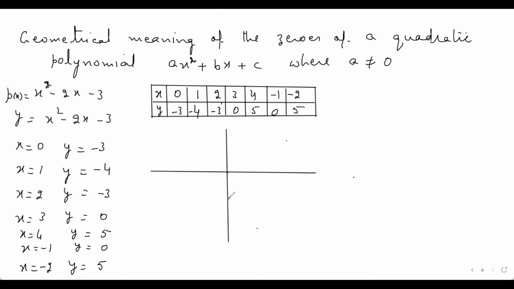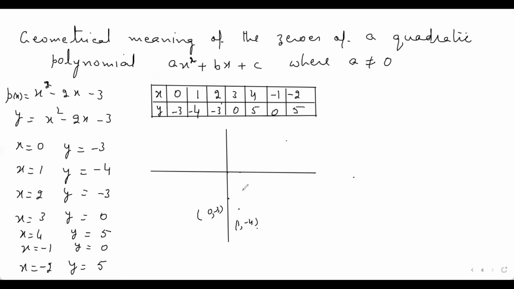If x is 0, y is minus 3, so let it be here. X is 1, y is minus 4. Let this point be x is 1, y is minus 4. X is 2, y is minus 3.